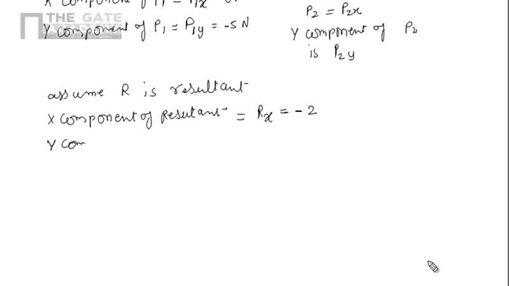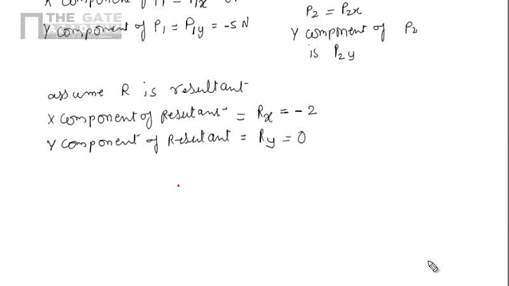Similarly, the y component of the resultant will be Ry, and it will be 0 because the whole resultant is acting in the negative x direction. It means the component of the resultant in the perpendicular direction, in the y direction, will be 0.